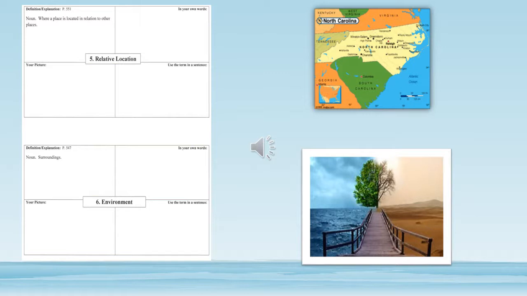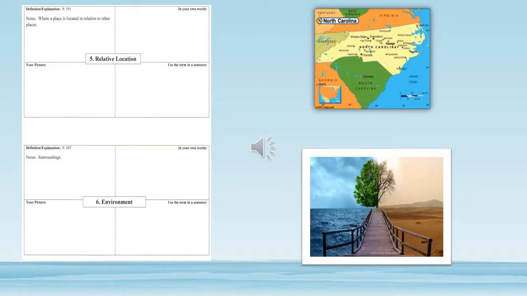Now, our next word, number 6, is environment. Environment is our surroundings. And you see, we can be surrounded by oceans, we can be surrounded by desert. Our surroundings can take on different details. In South Carolina, we don't have a desert, but we definitely have different environments. The environment of the low country, when you go to Charleston or Myrtle Beach or Beaufort, is definitely different from our location.